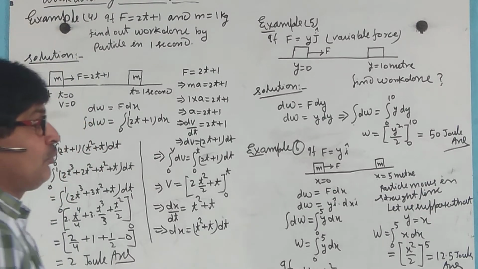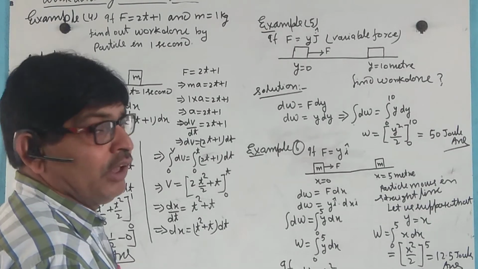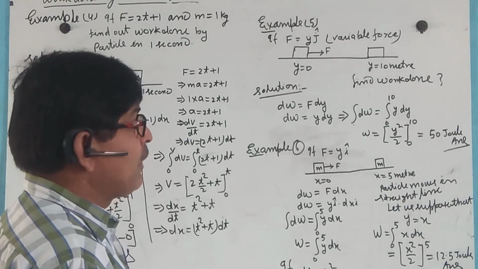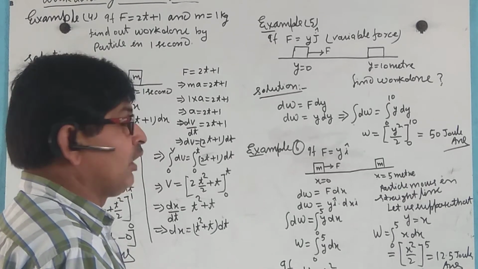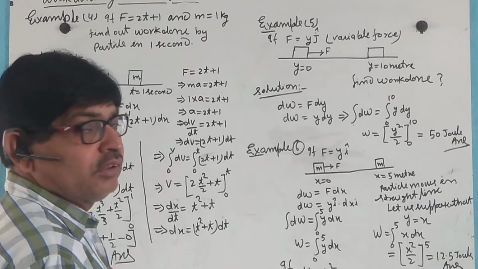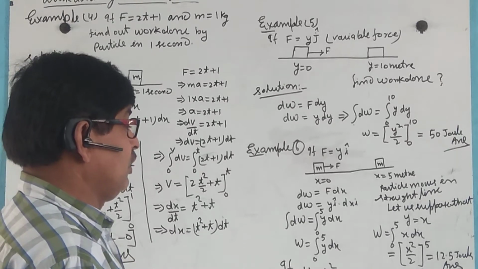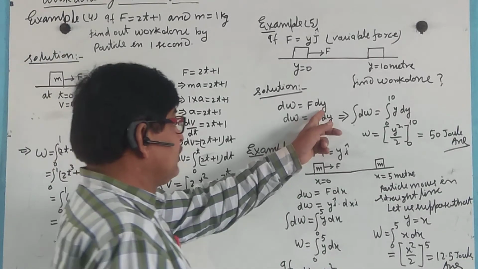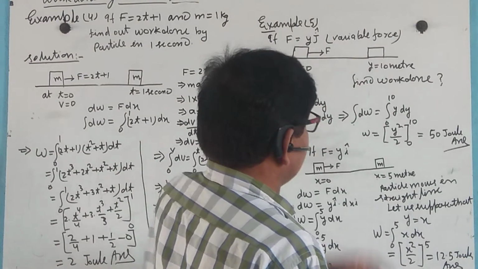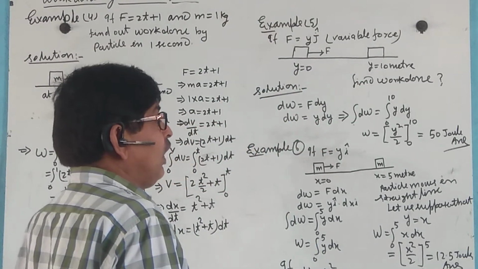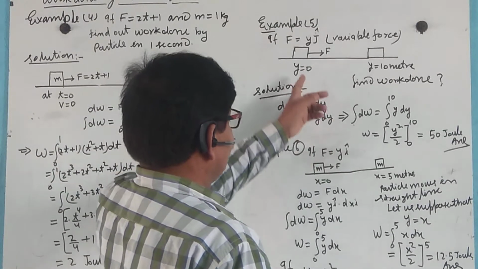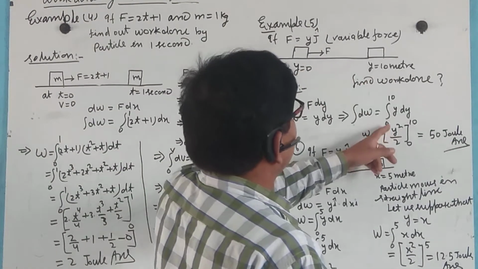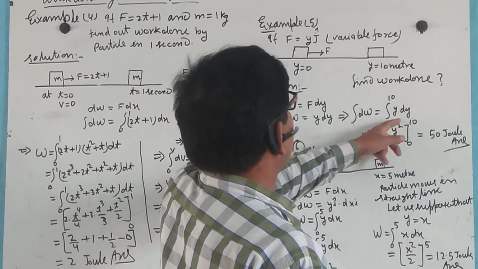We know that work done is equal to the integral of F dx, but here we write dy instead of dx, because the displacement is given in the form of y. The limit will be y equal to 0 to 10, so 0 to 10 of y dy.